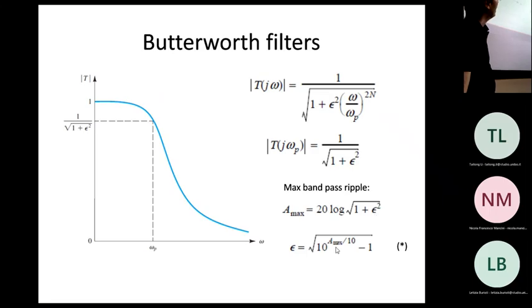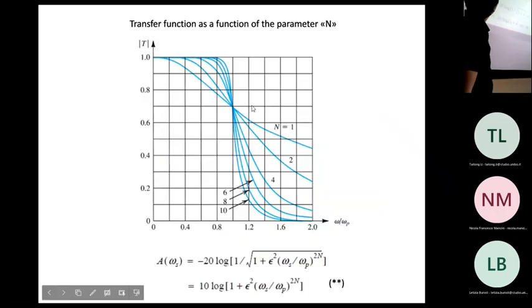So basically, if you flip this formula to highlight epsilon with respect to A max, you get this information. So first step in the design strategy: set the value of epsilon with this formula. In the second step, you have to analyze the possible selectivity of the filter. So you have to select the order, capital N.